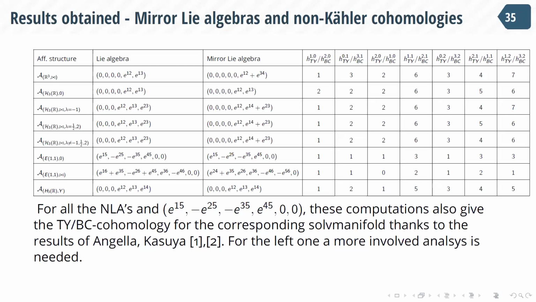And this was also interesting because by analyzing the first one with lambda equal to -1, we were able to find another complex balanced structure on the Lie algebra (0,0,0,E12,E14+E23,...) that was missing from the result of the classification.